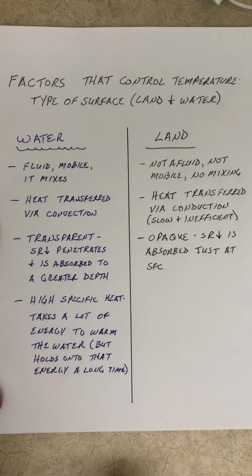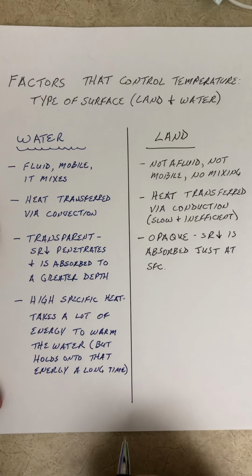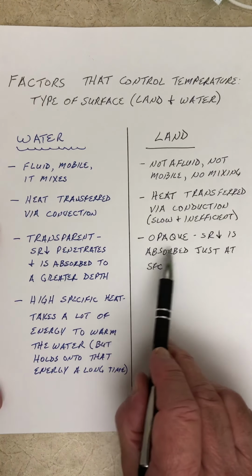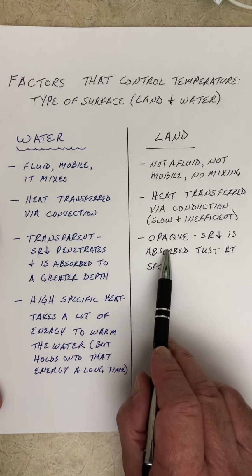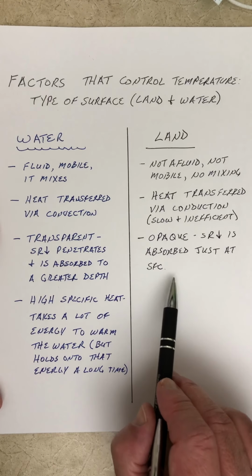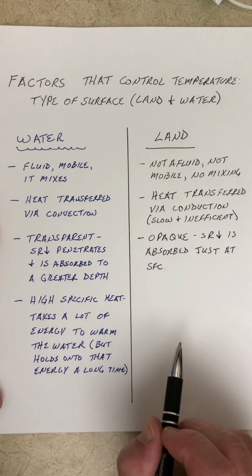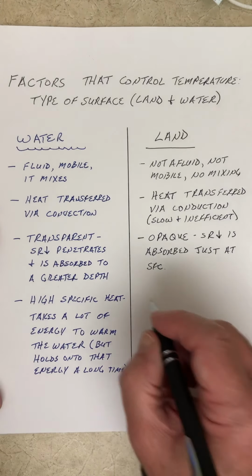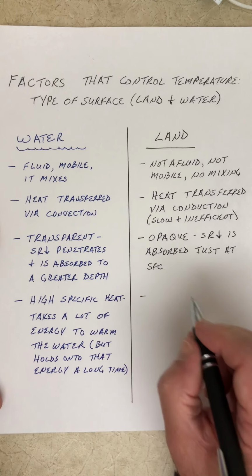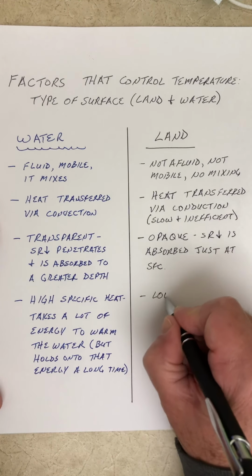And so being absorbed at the surface, the surface is going to warm up quite a bit, but you don't have to go too far down below the surface where things are pretty cool again. Again, that is because the land surface is opaque and that solar radiation is only being absorbed right at the surface level. The last point is that land has a low specific heat.